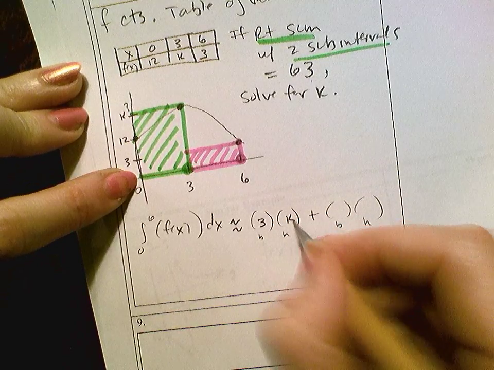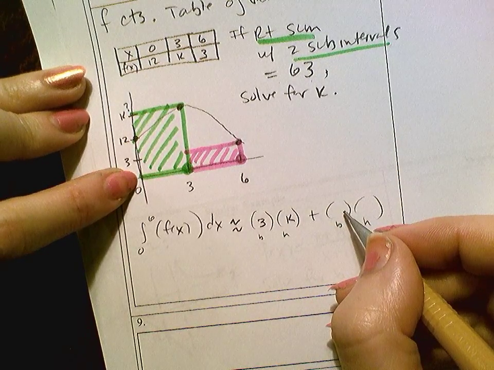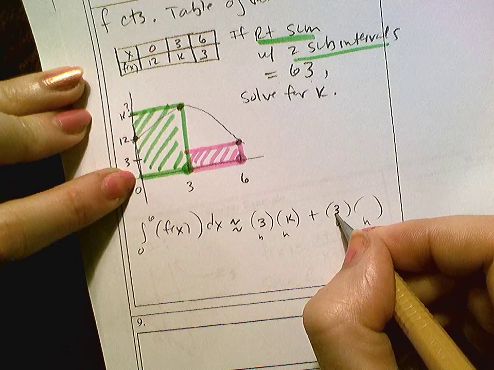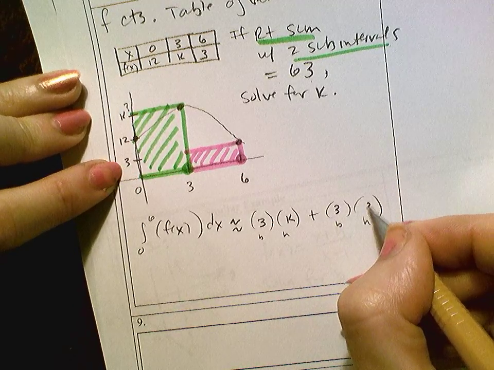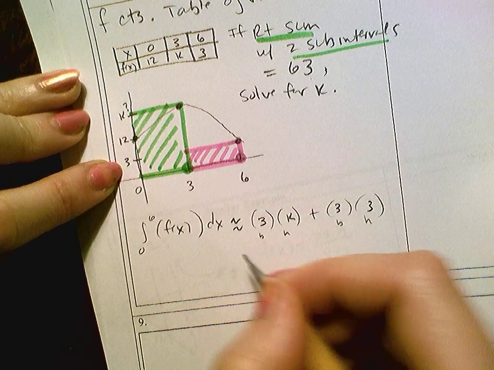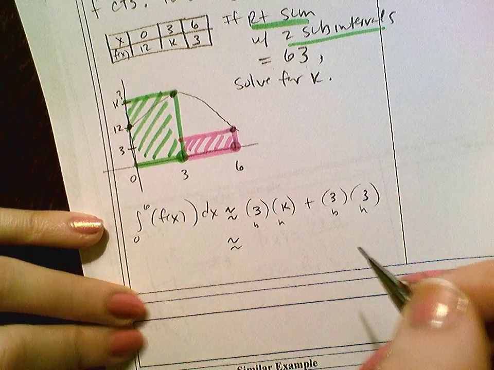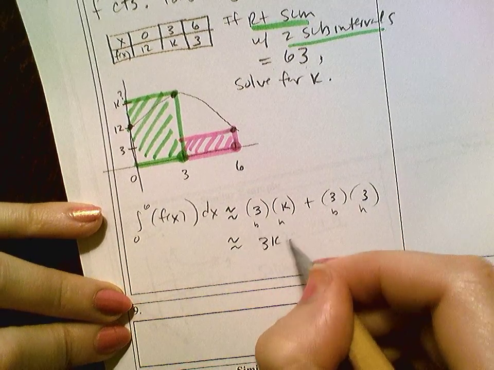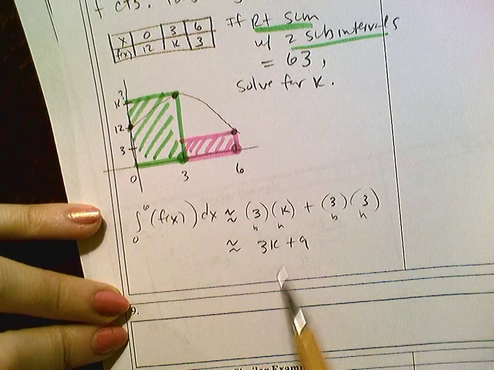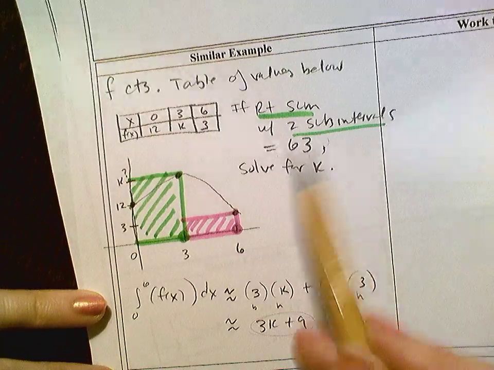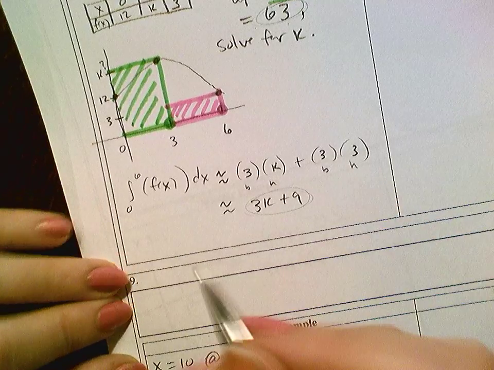The height of the green one is k. The base of the pink one is 3. And the height of the pink one is 3. So this is approximately 3k plus 9.